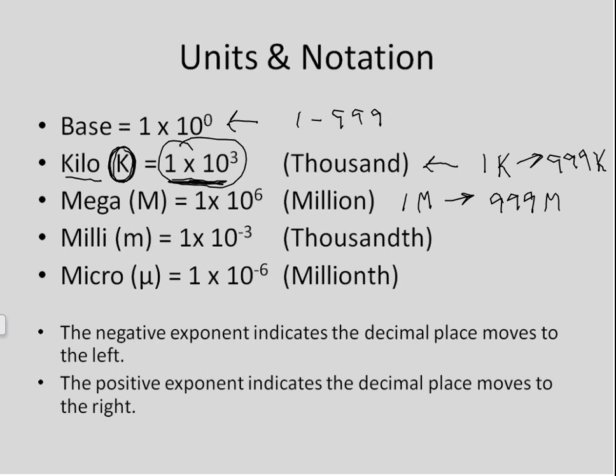Going the other way, less than 1, we can do the same thing. Instead of saying 0.001 or 1/1000th, which is 10 to the minus 3, we're able to call that 1 milli. And you've been using these expressions since you started playing with computers.